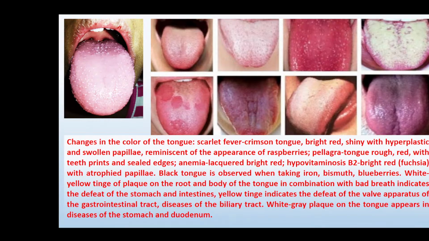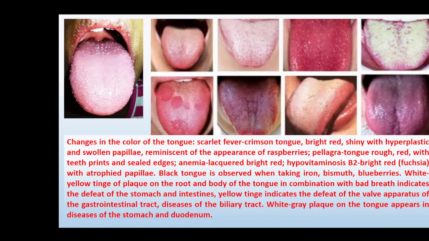There are many variants. For example, scarlet fever: crimson tongue, bright red, shiny with hyperplastic and swollen papillae, reminiscent of the appearance of raspberries.